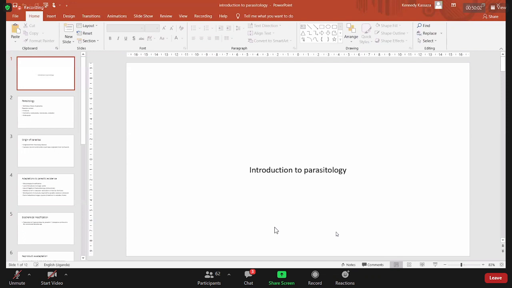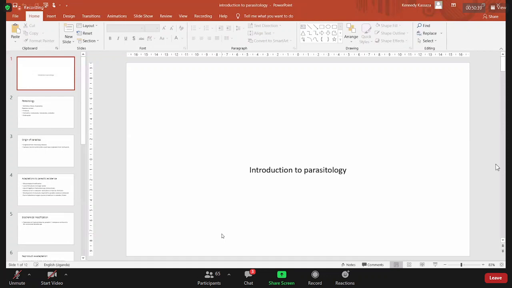So I welcome you to the last section of this course unit, which is known as parasitology. At the beginning of the course unit, we said microbiology can be subdivided into subsections, and we also looked at infectious agents of medical importance, which included acellular agents, and these are prions and viruses.